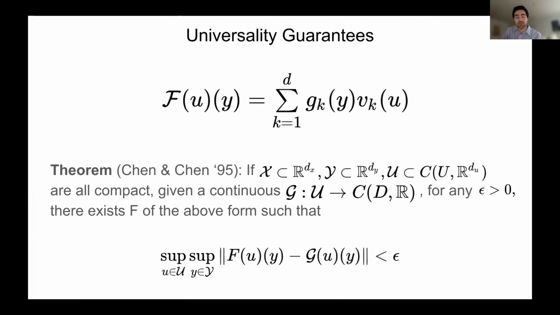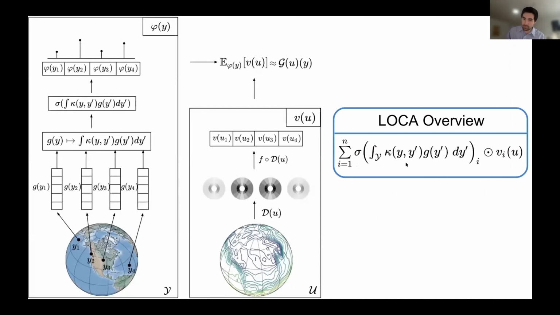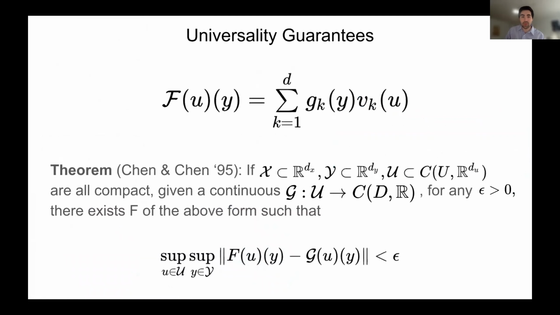And so similar to what we had spoken about earlier in the day, our starting point actually is, again, this theorem of Chen and Chen, which gives a universality guarantee for an architecture that looks like this, which, based on the way we wrote it, does look somewhat similar to our architecture, but with a few notable differences. What we're going to do is start with this architecture of Chen and Chen, and with a couple of steps, mold it into our model and show that each one of those steps does not destroy the universality guarantee.